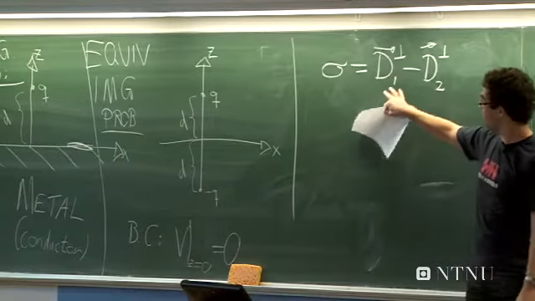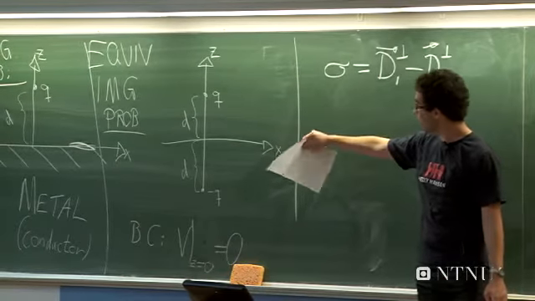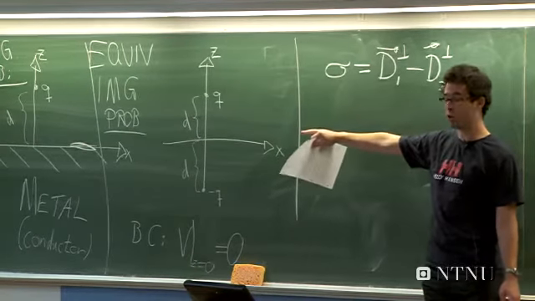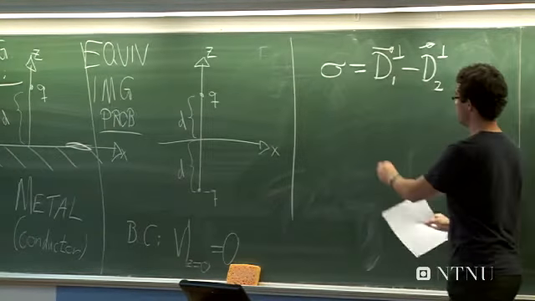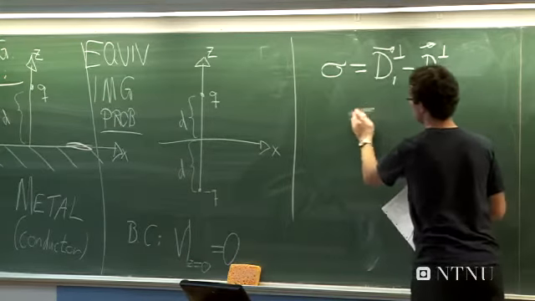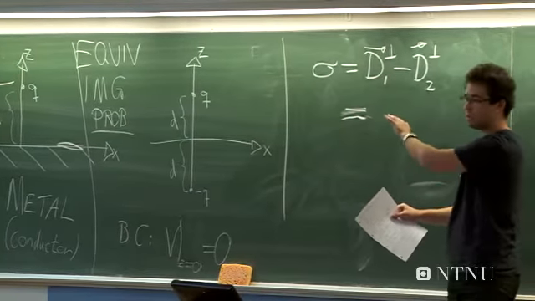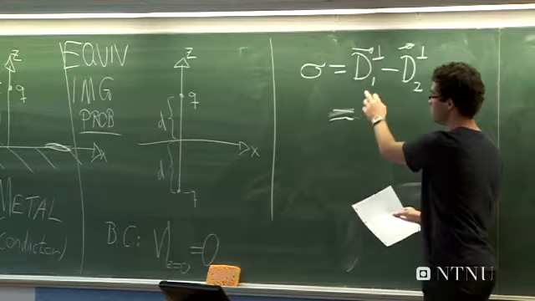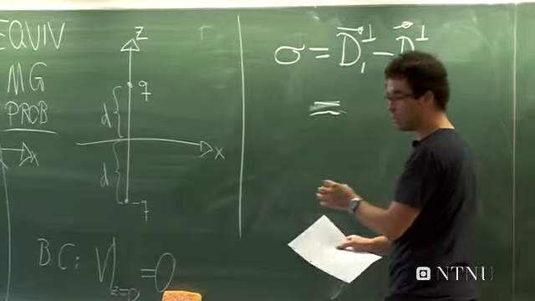The difference in the vertical component of the D field is equal to the surface charge density. This is only the z component. For z larger than 0, we have a vacuum, so this is very easy. The displacement field is just proportional to the electric field with a constant epsilon 0.